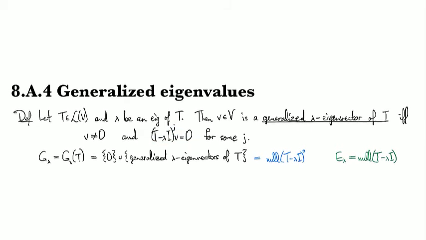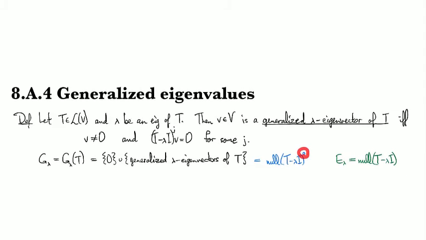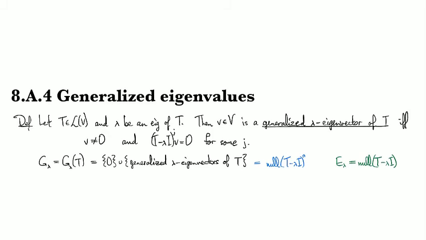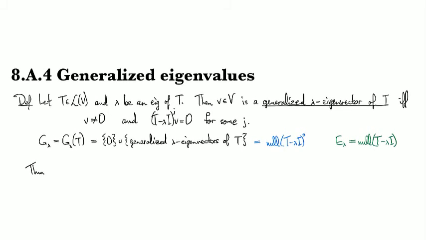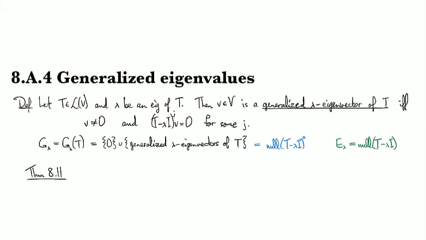And what we saw in the previous results should lead you to believe that if you apply it n times, you're going to kill as much as you can possibly kill. And that's basically exactly the content of this little theorem that proves that blue equality is correct.